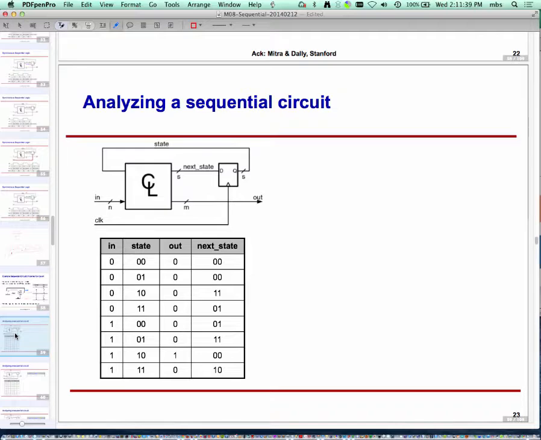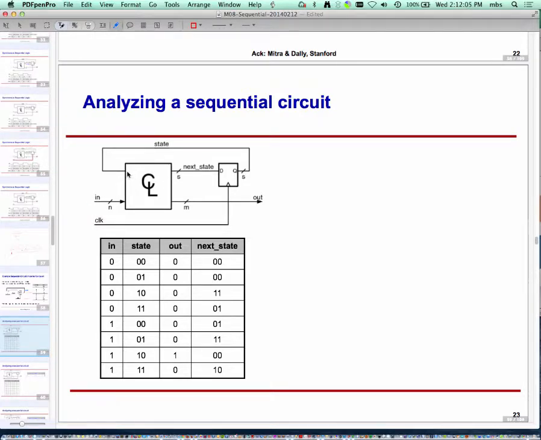So given any digital circuit, you can always lump up all the flip-flops in one place and lump up all the combinational logic in one place. So any arbitrary digital logic, if you draw it appropriately, will look like this. It will have some combinational logic. The combinational logic is going to take input from the outside world.